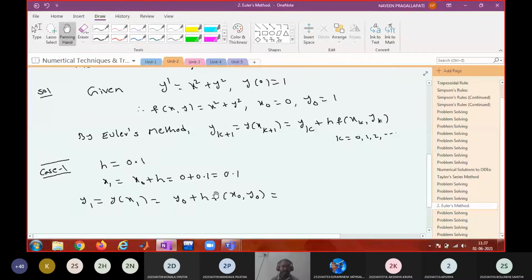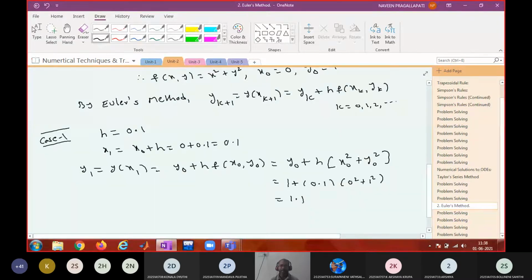First write down the formula of f in terms of x naught y naught, then substitute the values. That means y naught plus h into x naught square plus y naught square, because f of x comma y is x square plus y square. Then substitute the values: y naught is 1, plus 0.1 into 0 square plus 1 square. So what is this value? 1.1. Am I right? Yes, sir.